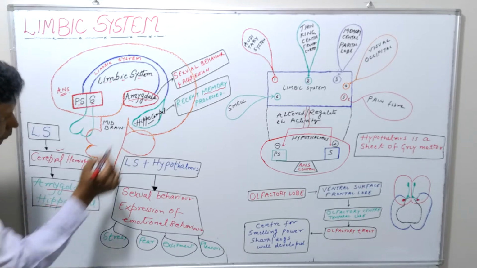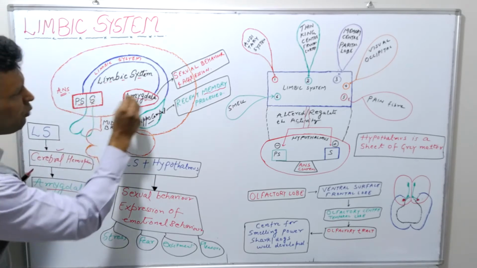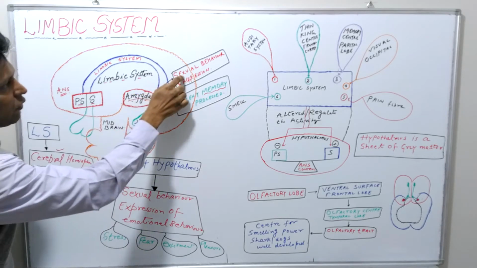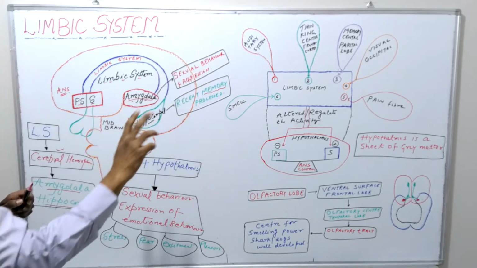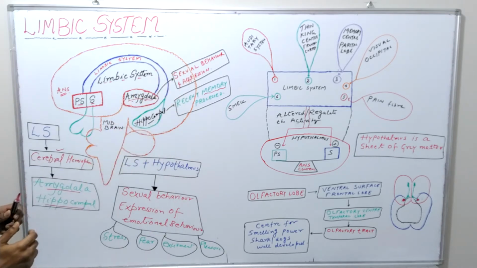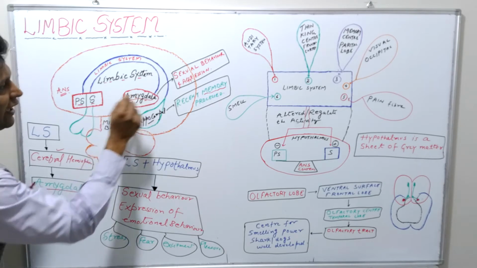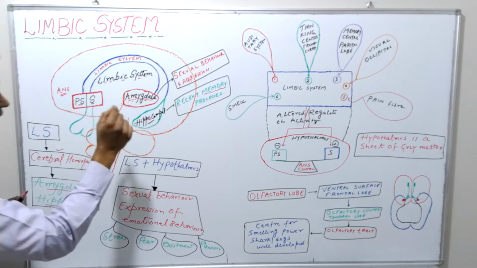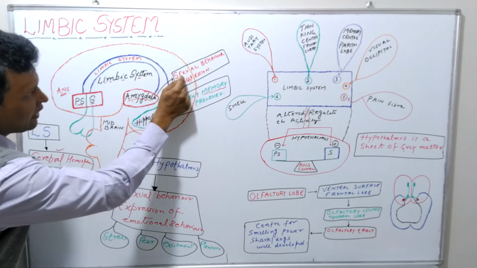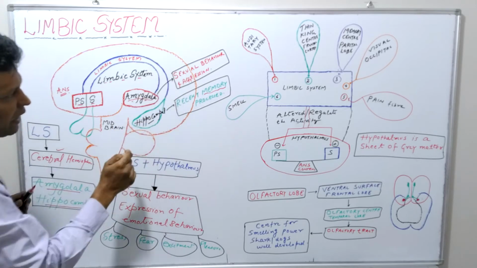And the amygdala part, it means that if this part is stimulated, there will be a change in your sexual behavior, sexual activity, and change in your aggression. If this is activated, then this area is concerned with sexual behavior.